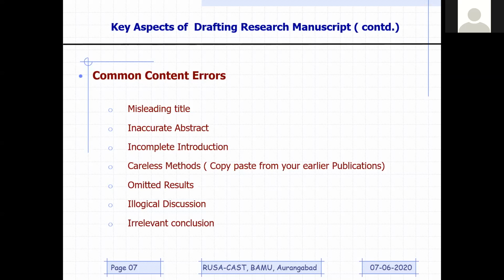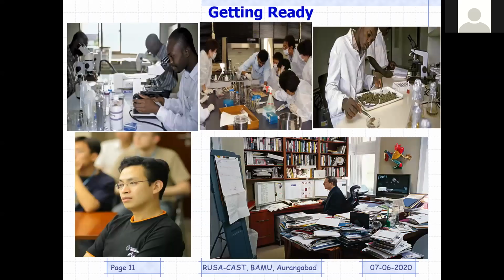If it is irrelevant, that is why I said all elements, right from title, abstract, introduction, results and discussion, materials and methods, and conclusion, should have some sort of consistency. If not, the individual element, either conclusion or results and discussion or materials and methods, is going to be irrelevant. So these are some of the common content errors, and we need to understand them so that you will be able to address those content errors.